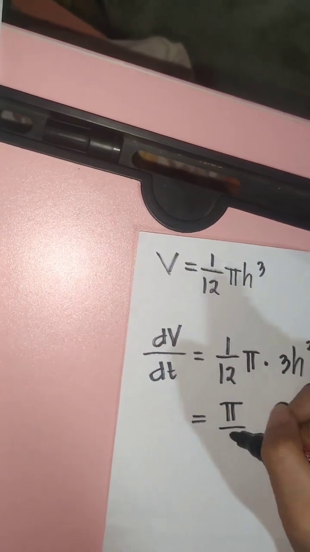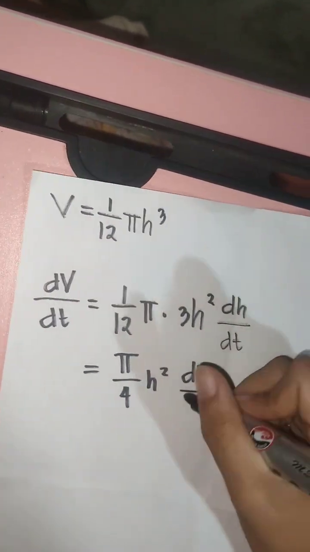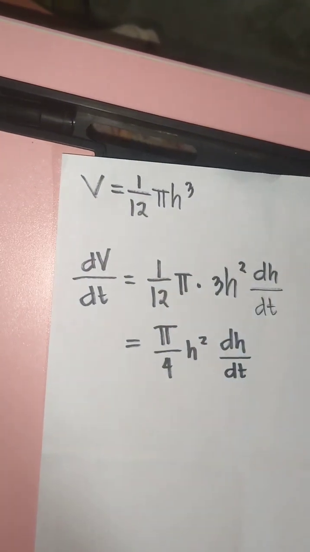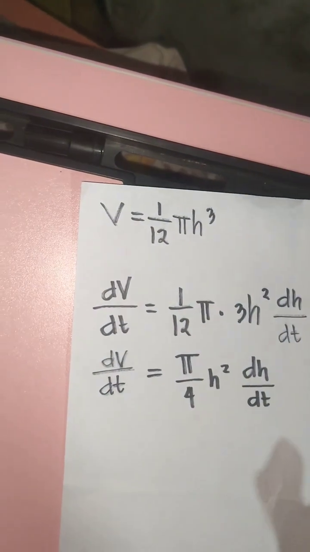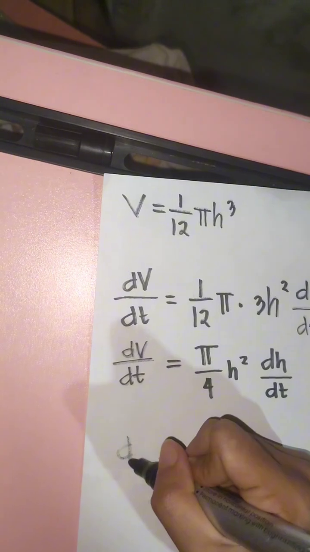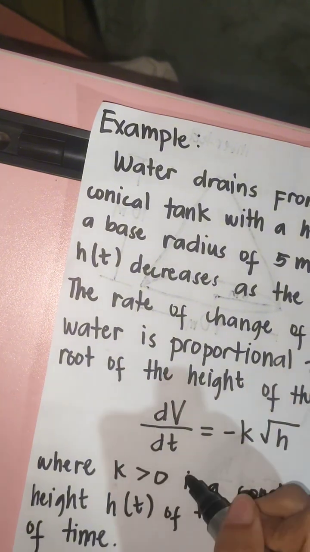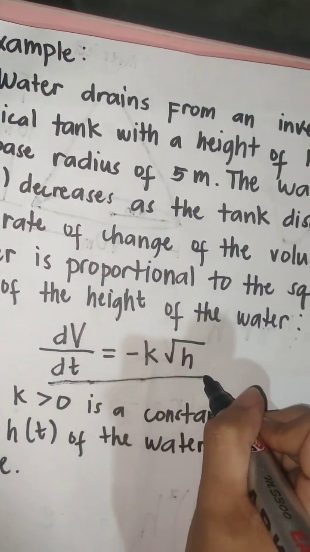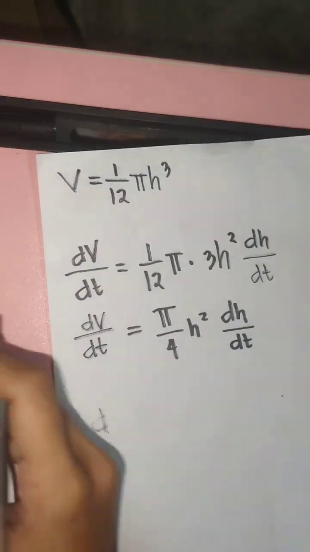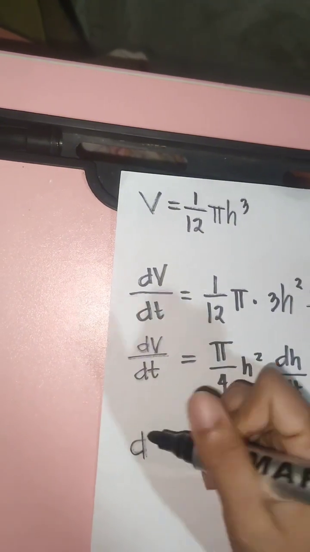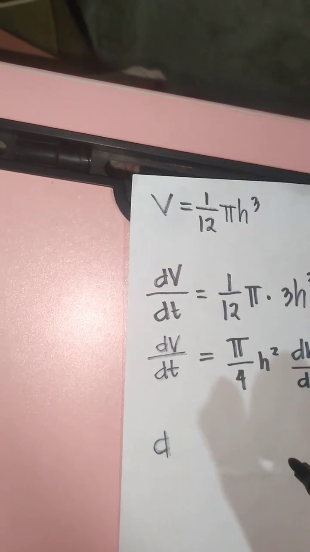We simplify that, so we have pi over 4 h squared dh over dt. So that is now our equation. And then the problem states that dV over dt is equal to negative k times square root of h.